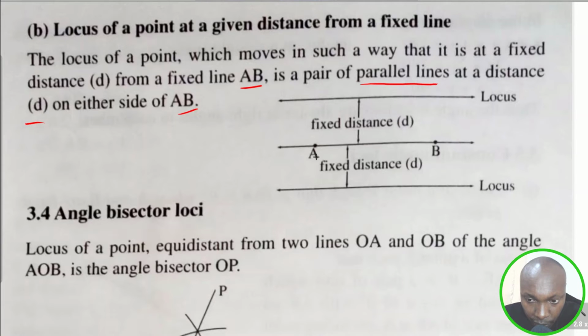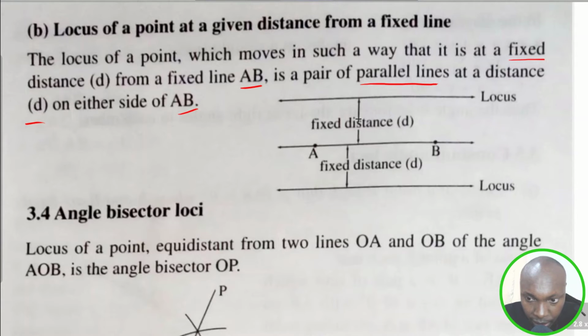So in this case we have a line AB, and then you're required to give the locus of a point which moves in such a way that it is always at a fixed distance from that line. So this is how we're going to get that. So this locus will be a pair of parallel lines on either side of AB. That is what will represent the locus of a point which moves in such a way that it is at a fixed distance D from a fixed line.